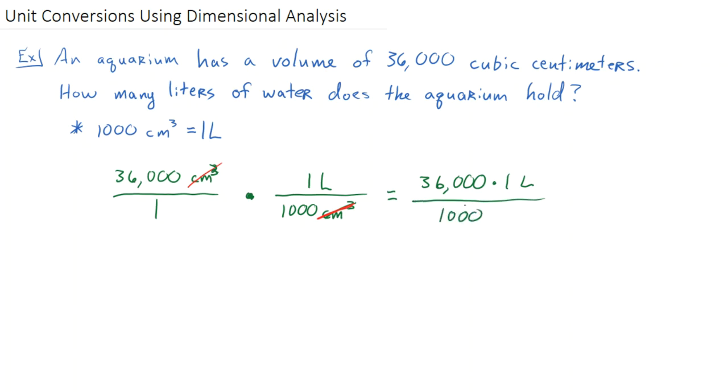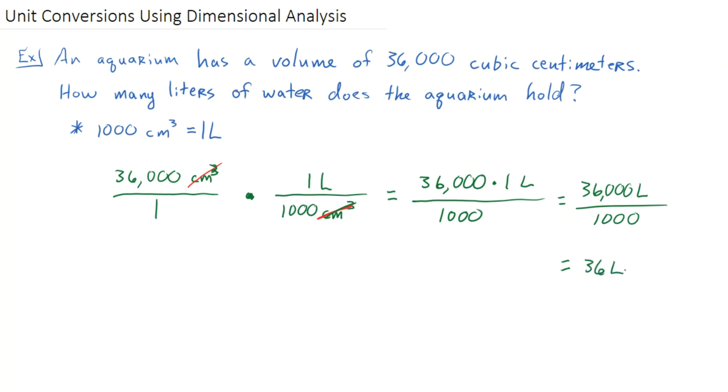No units on the bottom because those units canceled. So the 36,000 times 1 is just 36,000. So we have 36,000 liters on top. And then on bottom, we have the 1,000. So to get this down, we need to go ahead and divide the numerator by the denominator. And that's going to give us 36 liters.